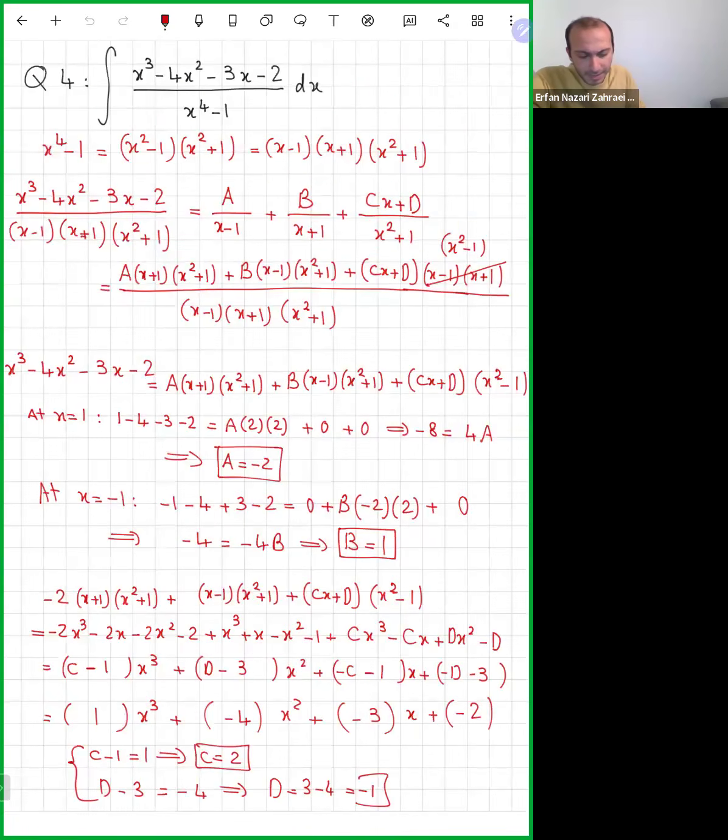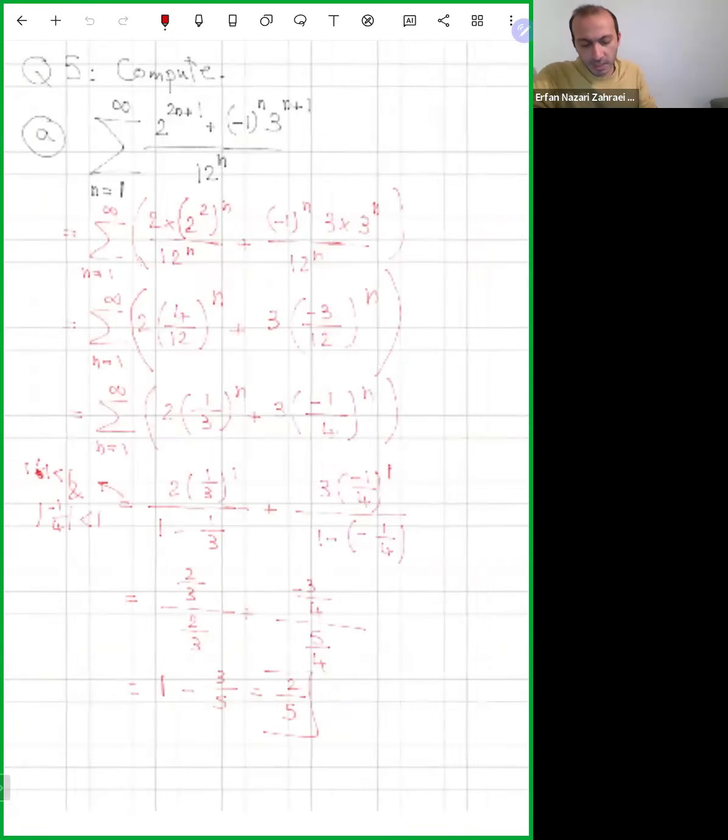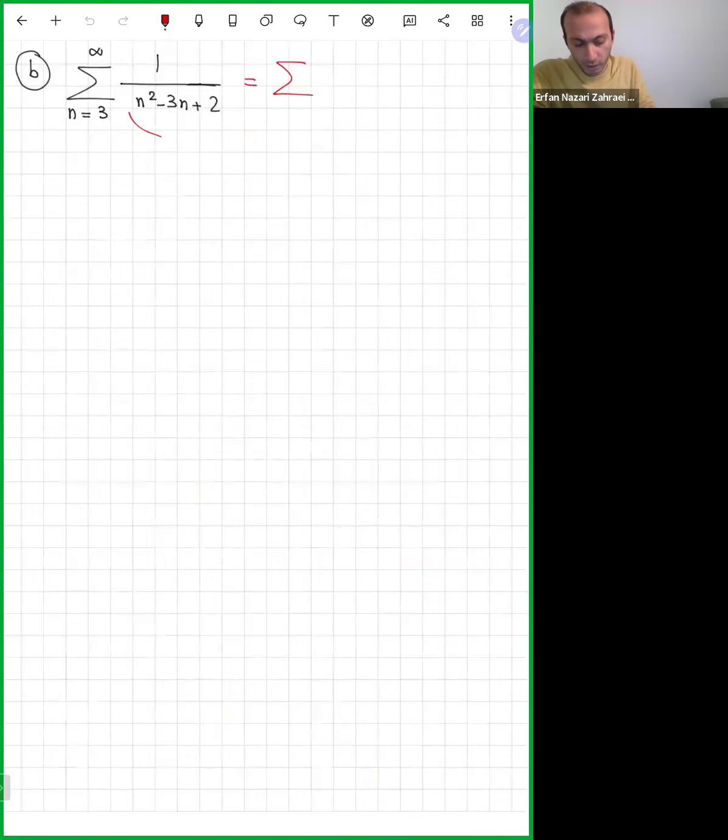I can decompose a rational function into a sum of smaller fractions. So that suggests I should use partial fraction decomposition to write it as a sum of two things, and hopefully those two things are telescoping.